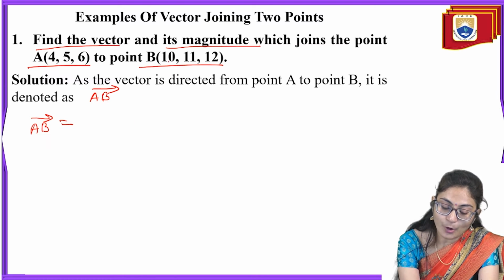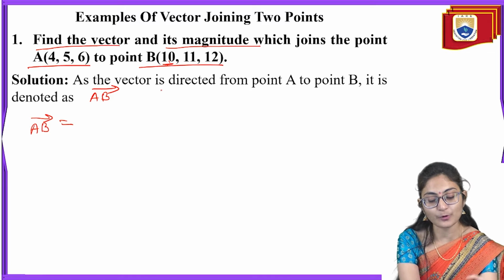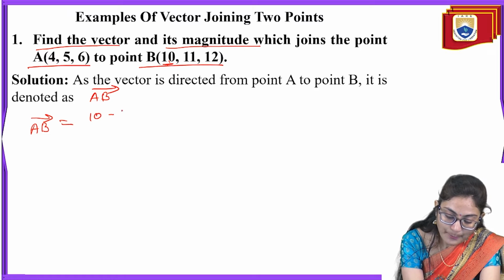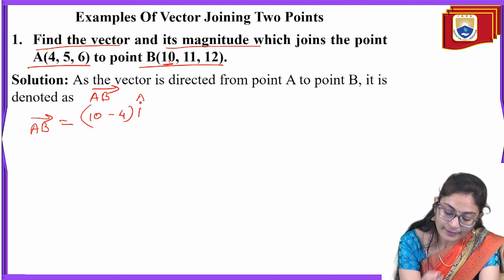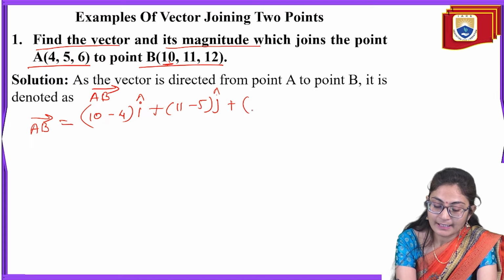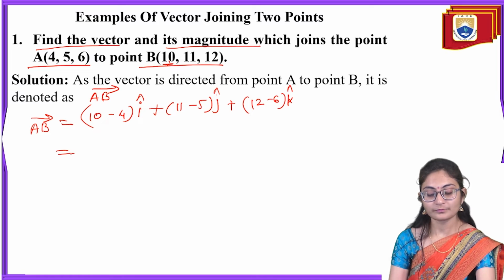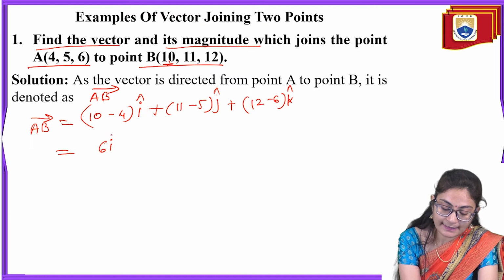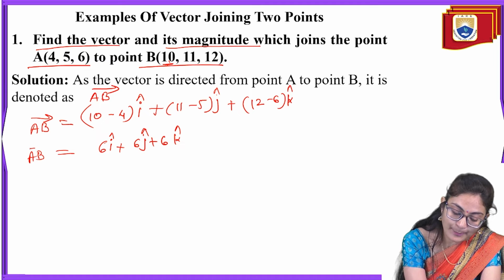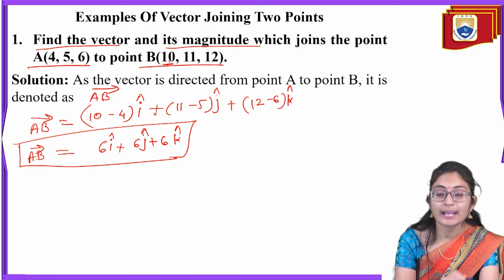From B we have to subtract the values of A. So first 10 minus 4 i cap plus 11 minus 5 j cap plus 12 minus 6 k cap. After that, 6i plus 6j plus 6k. That means this is our AB vector.